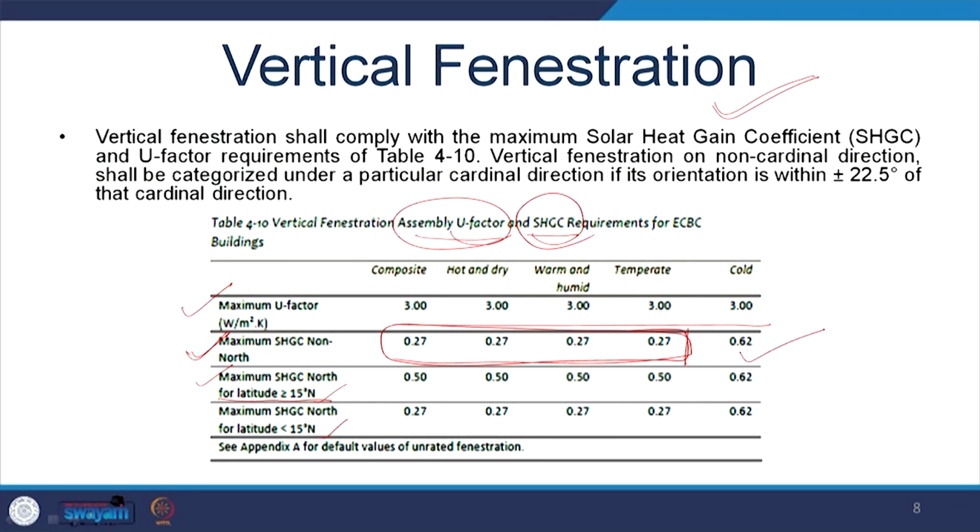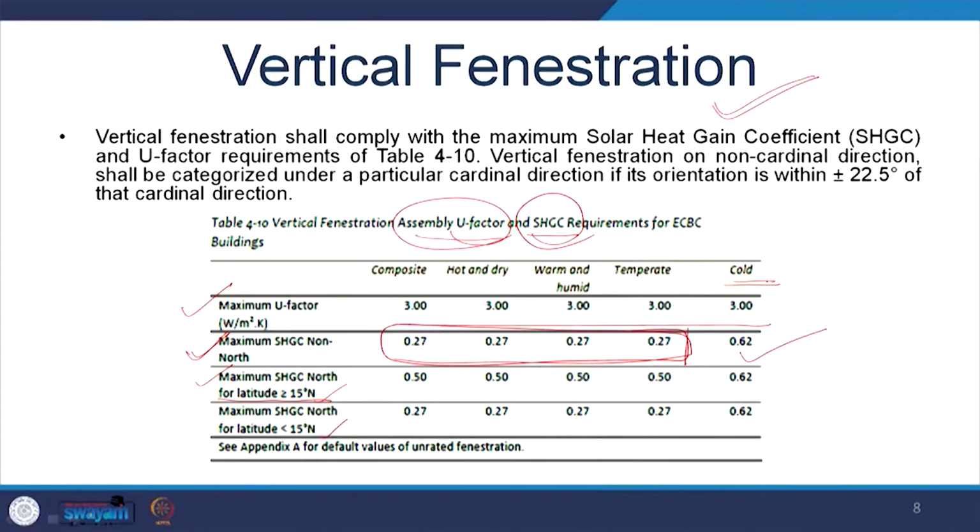While for cold climate, the SHGC has been prescribed to be much higher, so that the window is able to allow the maximum amount of heat indoors in case of cold climate.